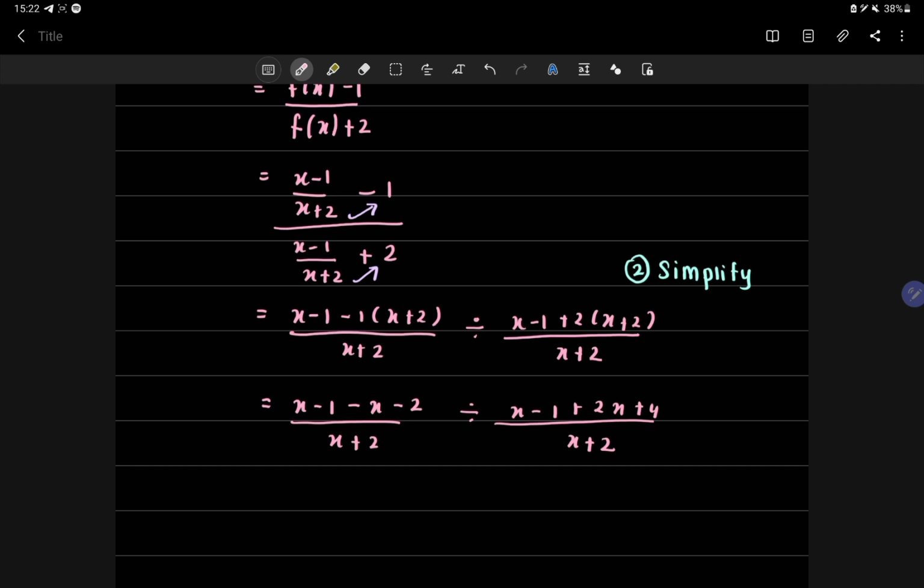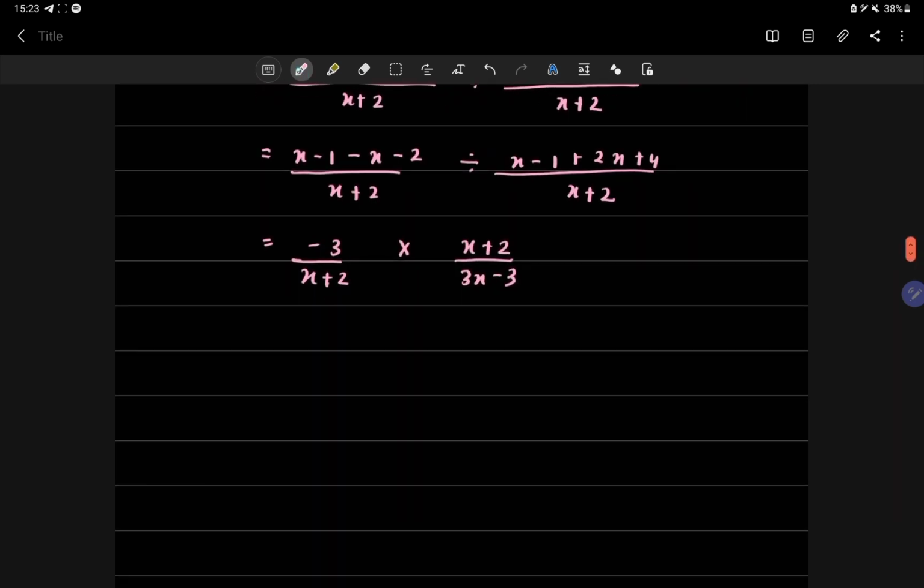Now, as we know, when we divide a fraction, we change the operation from division into multiplication. So it becomes negative 3 over (x plus 2), times, and we change the position as well, (x plus 2) over (3x plus 3).